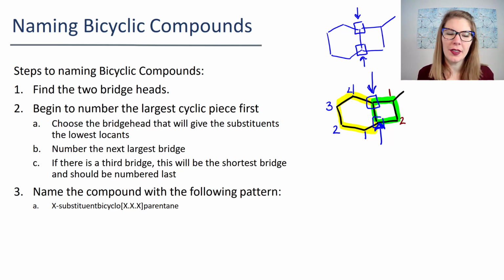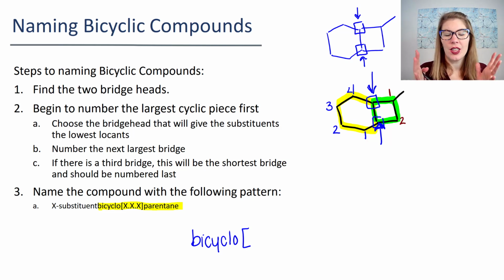to be. So the part that I want to write is mimicking what we're seeing down here, where we're going to start with the part that says bicyclo because this is a bicyclic structure. We start by saying bicyclo, and then in brackets are the numerical values of how long each bridge is.